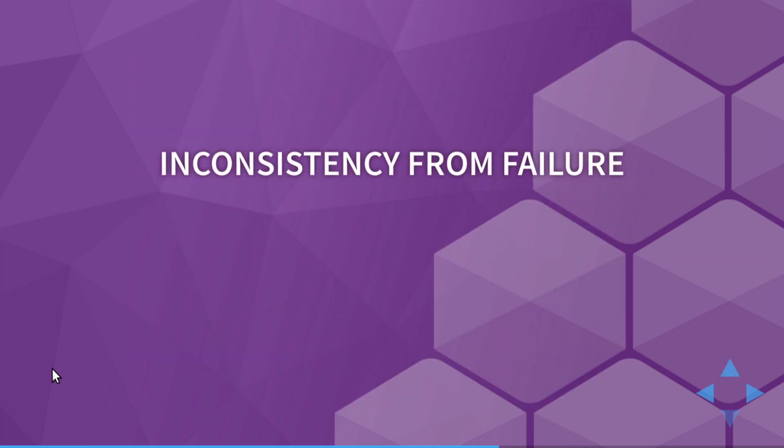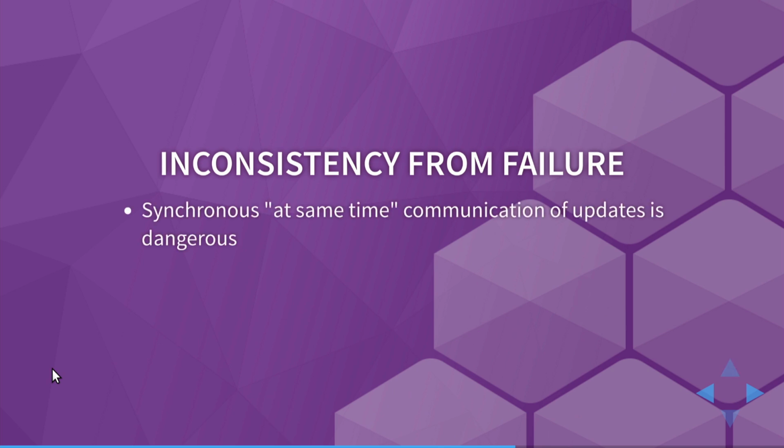So, inconsistency from failure. The problem is that synchronous, remember, means at the same time. In other words, both systems must be up at the same time in order for it to work. Communication about updates is dangerous. In a monolith, you just use transactions.